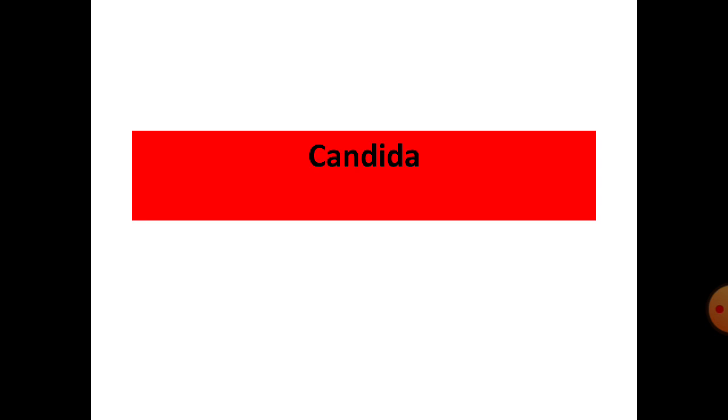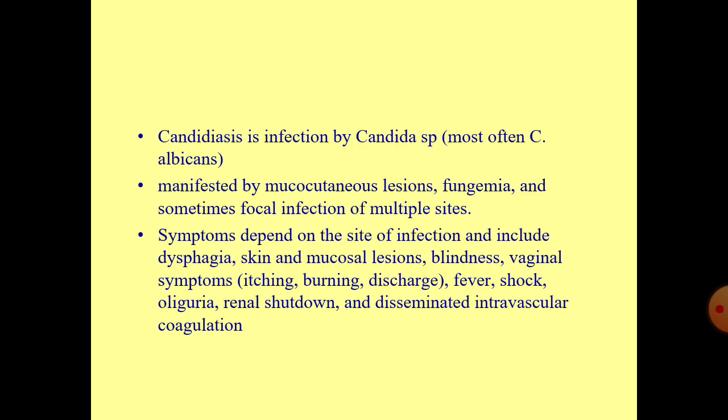So the first and the commonest type is the Candida infection. When we say candidiasis, it means infection with Candida, and the most common type is Candida albicans, despite the fact that we have other types of Candida that we will see later.